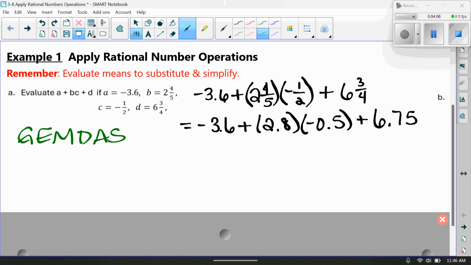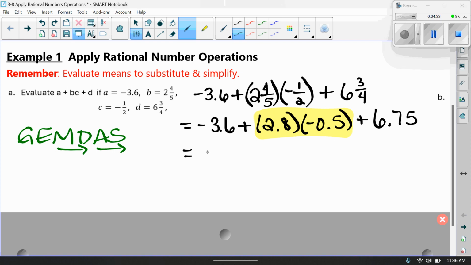That means grouping symbols, exponents, multiplication and division from left to right, and addition and subtraction from left to right. Now, these parentheses, those are not grouping symbols. That means multiplication. So, in this case, we're going to do this multiplication first. And of course, you can use your calculator, and we will rewrite.